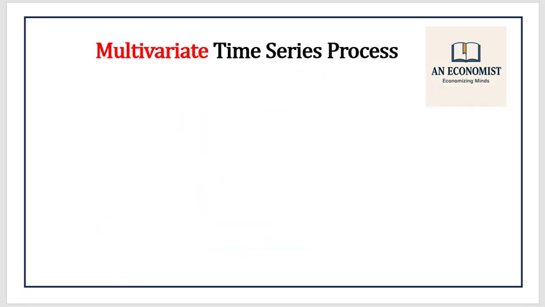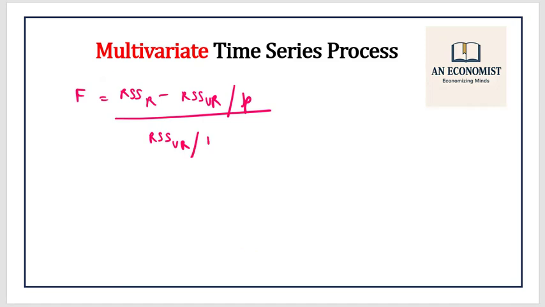Right? And if you remember, what was the test statistic? Let me check once. RSS of the restricted model minus RSS of the unrestricted model upon the degrees of freedom, upon RSS of the unrestricted model upon n minus 2p minus 1.